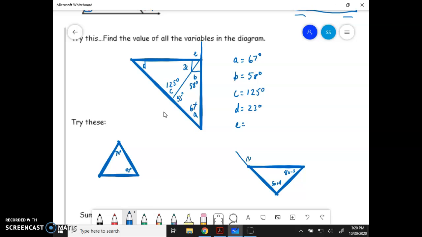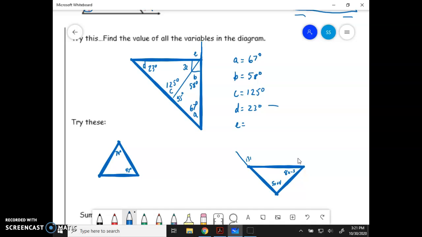There is 67. Last but not least, I should recognize that this larger triangle, the whole thing, D, A, E, E is going to equal, that is the exterior angle. So if I look at the measures of D, oh, I didn't even write D in here. D was 23 degrees.